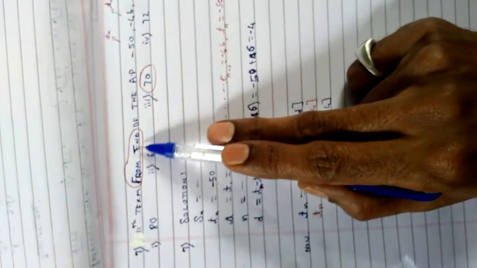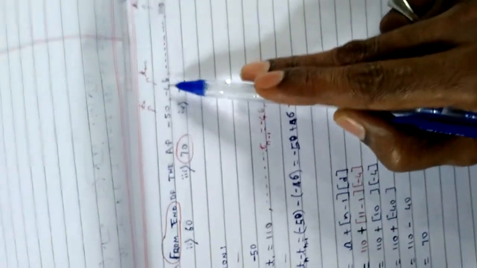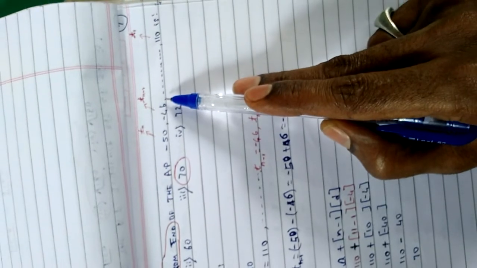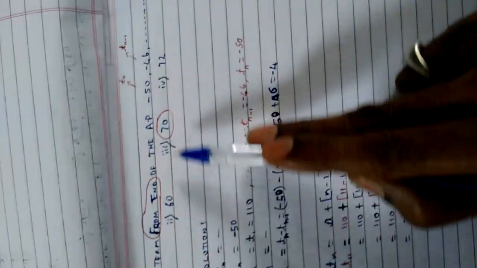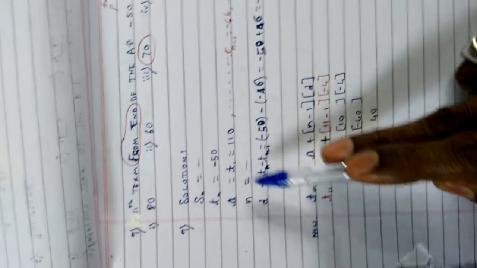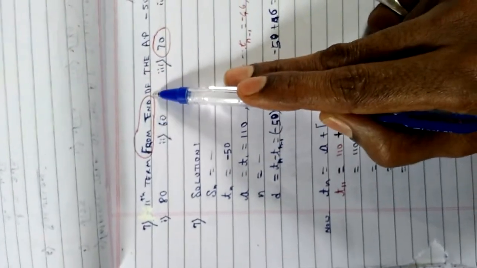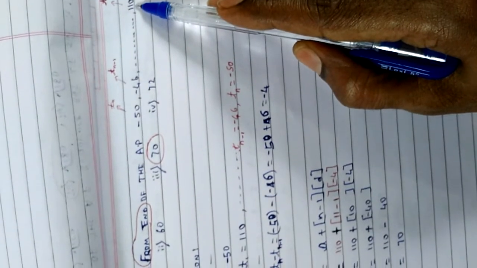Question number 7. 11th term from end of the AP minus 50, minus 46 up to 110 is, and the right answer is one among these four choices. We first write stand. Because it is given from the end, our T1 will be 110.